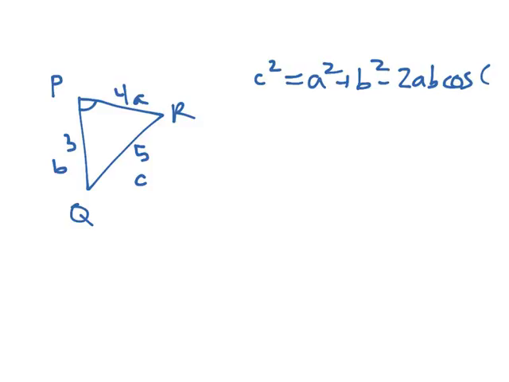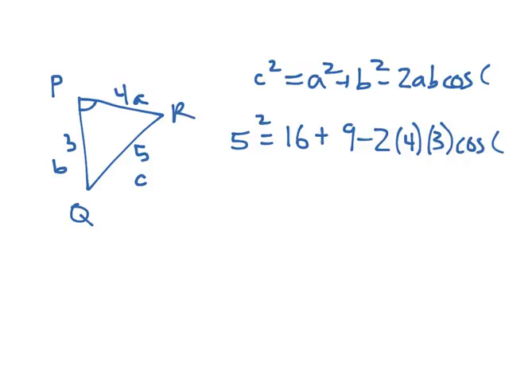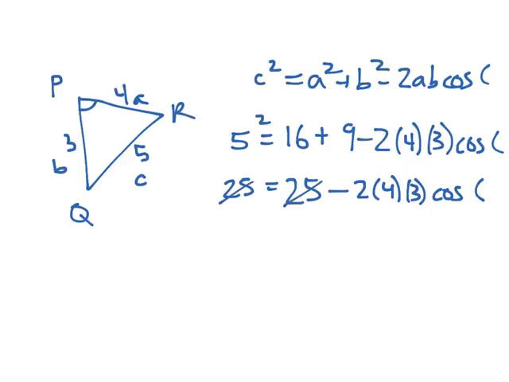So that means C squared, that's 5 squared, is equal to 16 plus 9 minus 2 times 4 times 3 cosine C. And here it gets a little interesting because we have 25 is equal to 25 minus 2 times 4 times 3 cosine C. So if we subtract 25 from both sides, we have 0 is equal to negative 24 cosine C. So cosine C must be equal to 0.